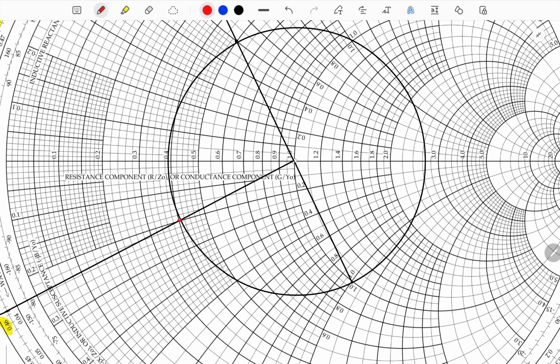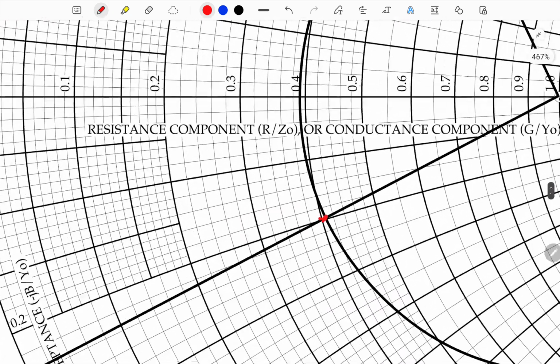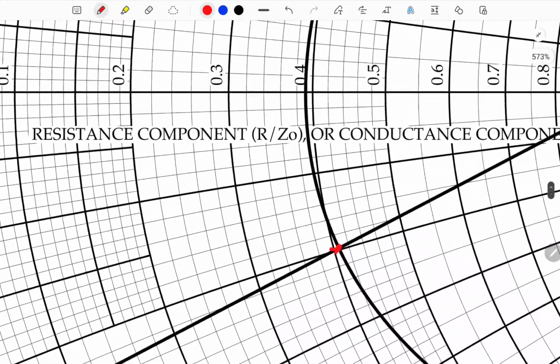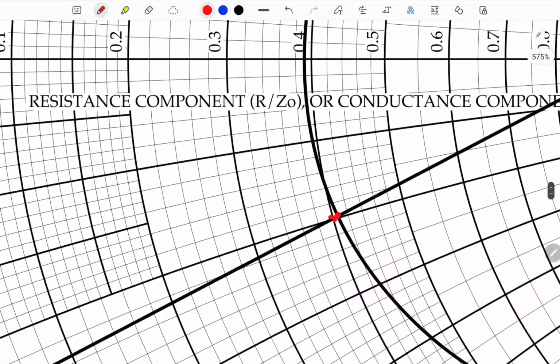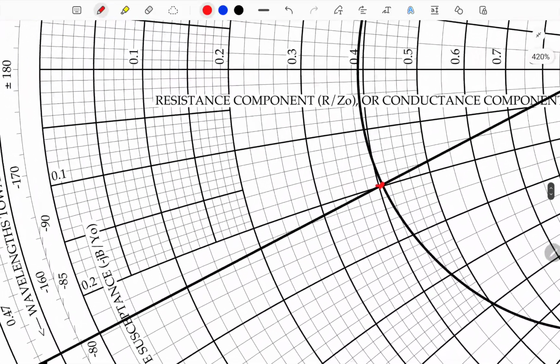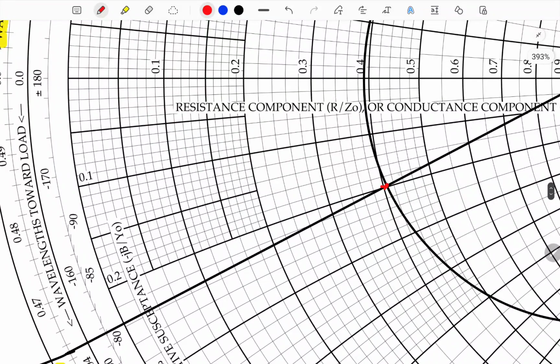Now tell me what point this is in this Smith chart. 0.41, and then this point is 0.2. So it's going to be 0.41 minus 0.2J. Yeah.